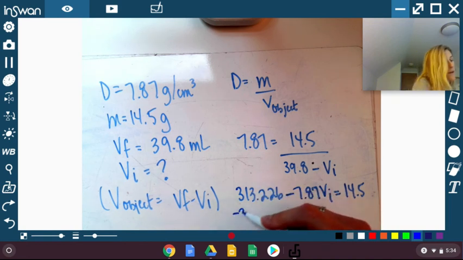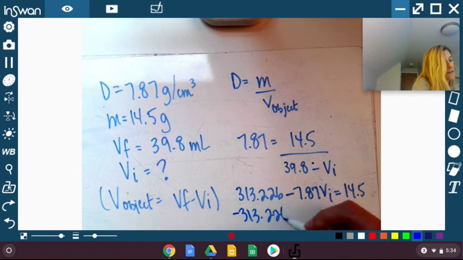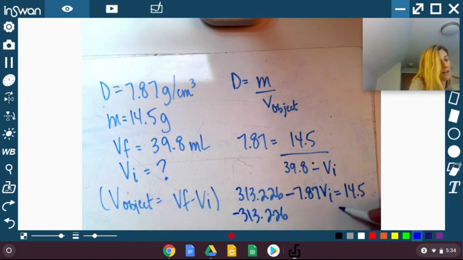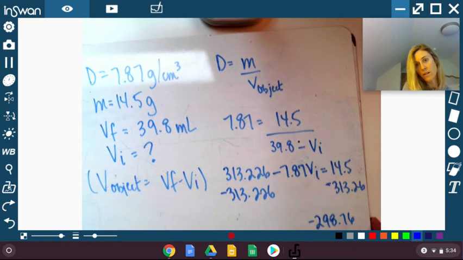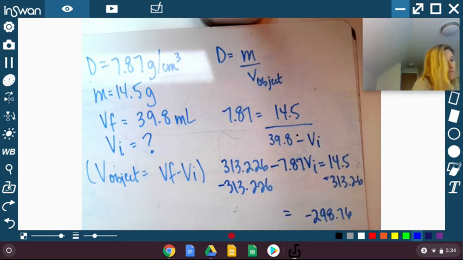So if I subtract 313.226, that will get rid of that. Subtract it over here. Let's see, 14.5 minus 313.226 is negative 298.76. I'm leaving off the units for time's sake, but remember in the end we want to have units.